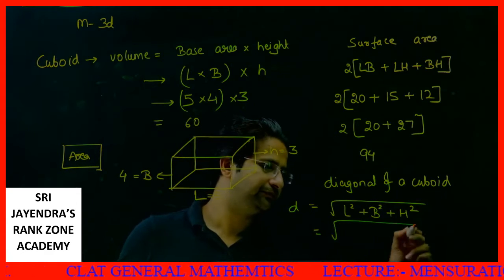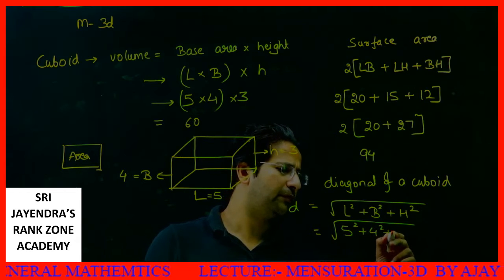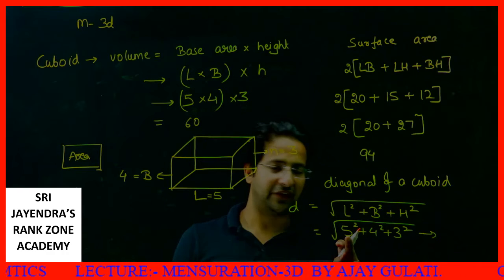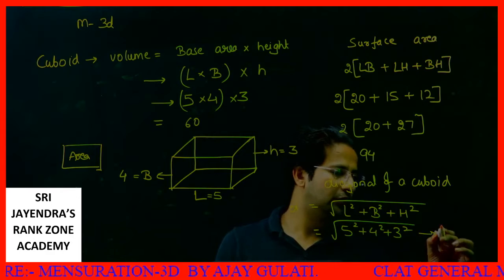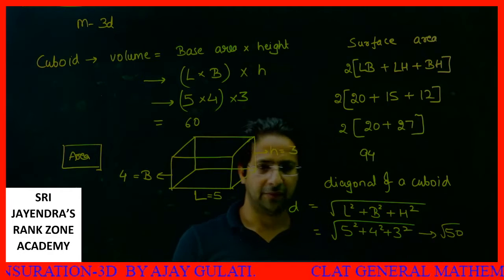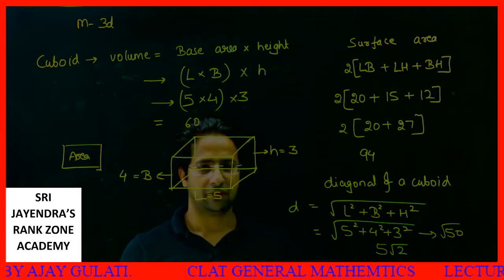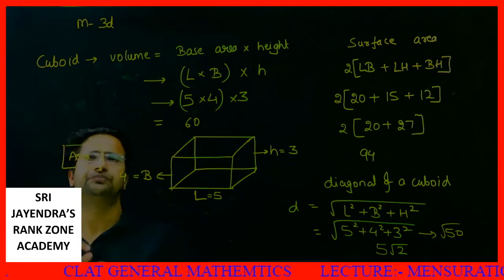So you get 5 square plus 4 square plus 3 square. This is 5 square 25, this is also 25. 25 plus 25 under root 50, or I can say 5 root 2. These things must be clear to all of you.